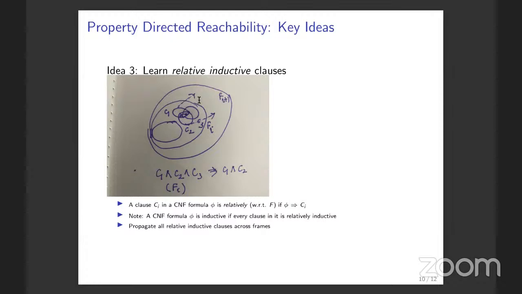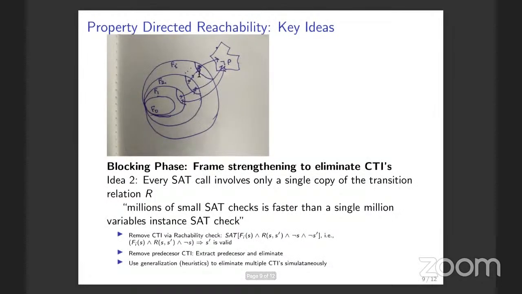Eventually become inductive, and therefore this forward propagation is a very critical and very significant insight that Aaron Bradley had in hastening the convergence towards an inductive invariant when combined with this CTI elimination, which is already being done in all other inductive methods.